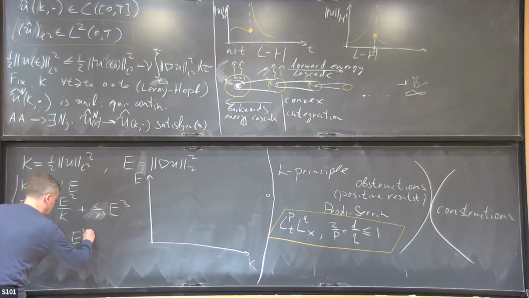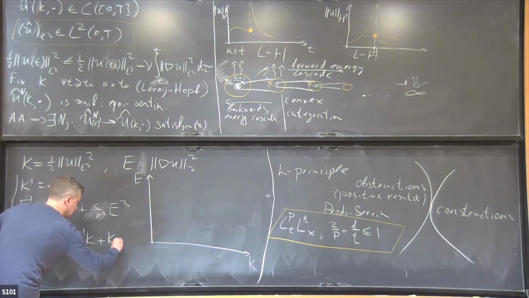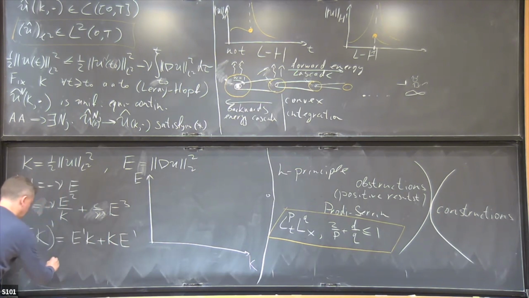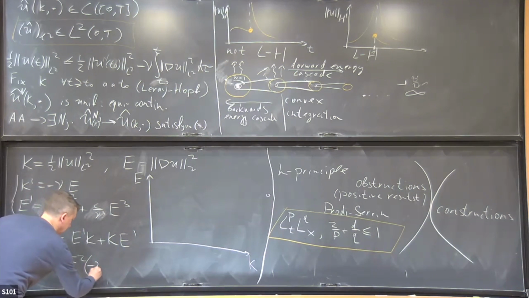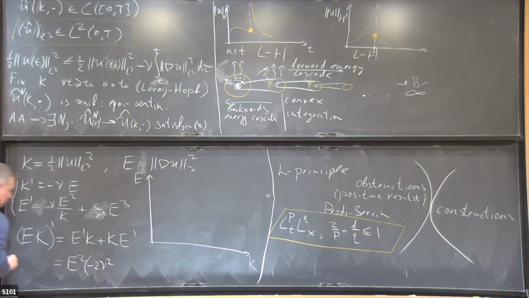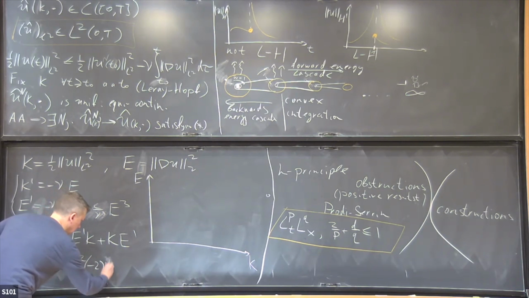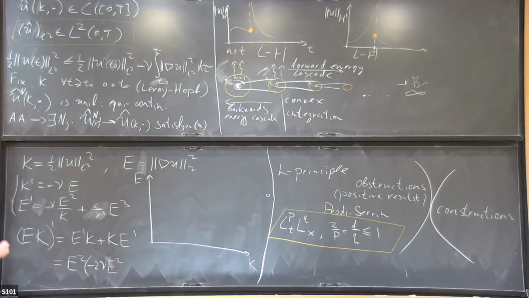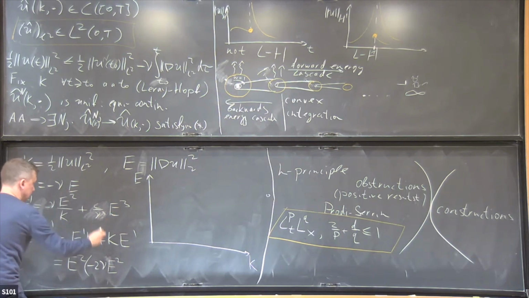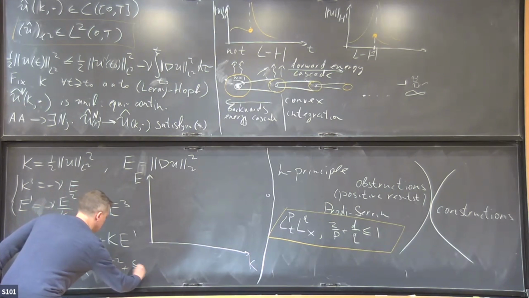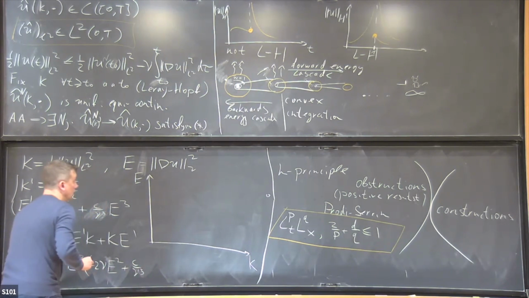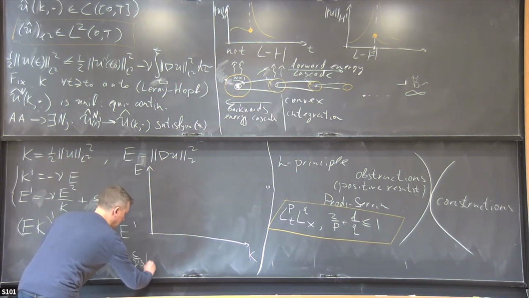Product rule, E prime k plus k E prime, I'm going to factor E squared. From the first equation, I get minus nu E squared. From the second one, you get minus nu E squared, so minus 2 nu E squared. And then the last term plus c over nu cubed times k times E.